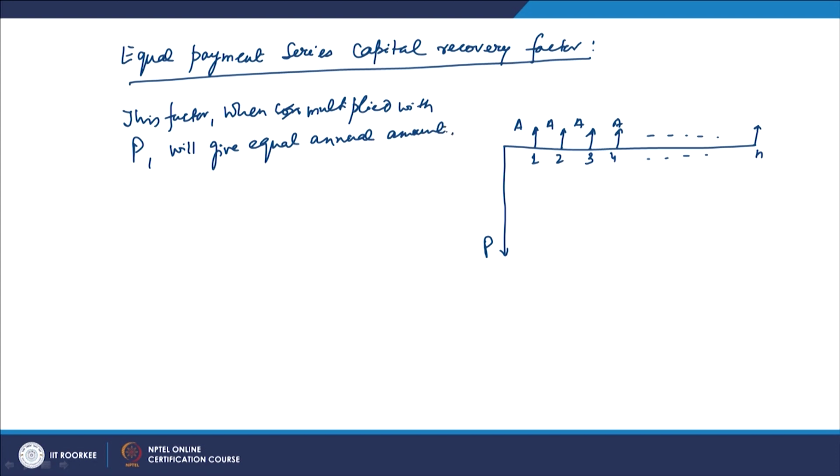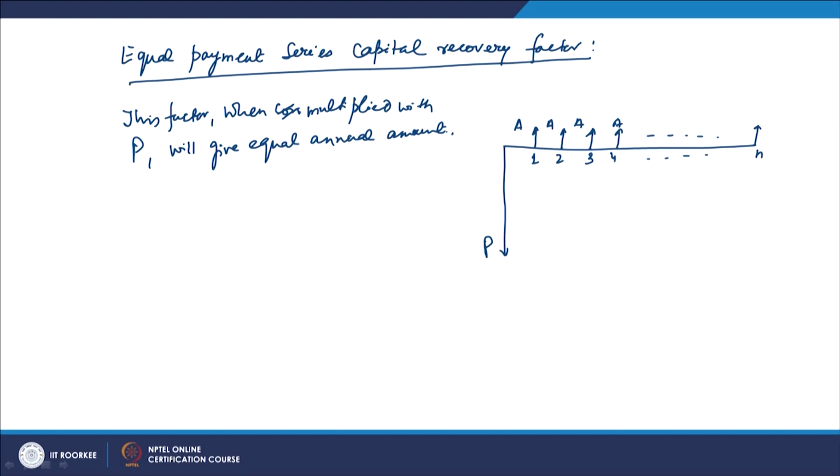You know the capital amount, that is P, and this capital is to be recovered. That is how you need to know the value of this factor, which will be multiplied with P, and that will give you the value of A, that is, how much you will be getting every time.